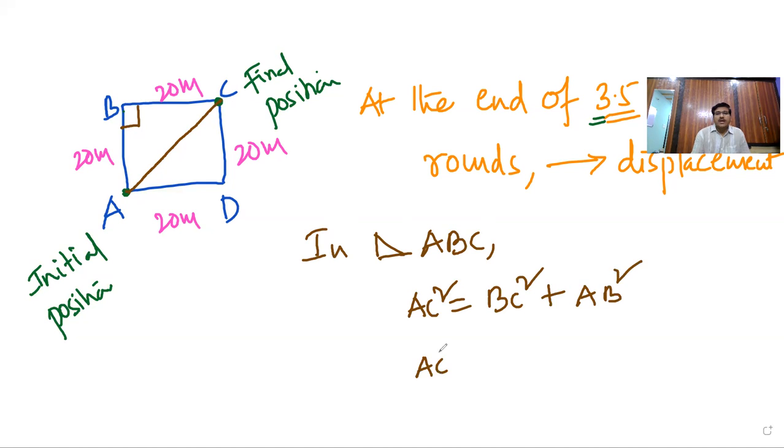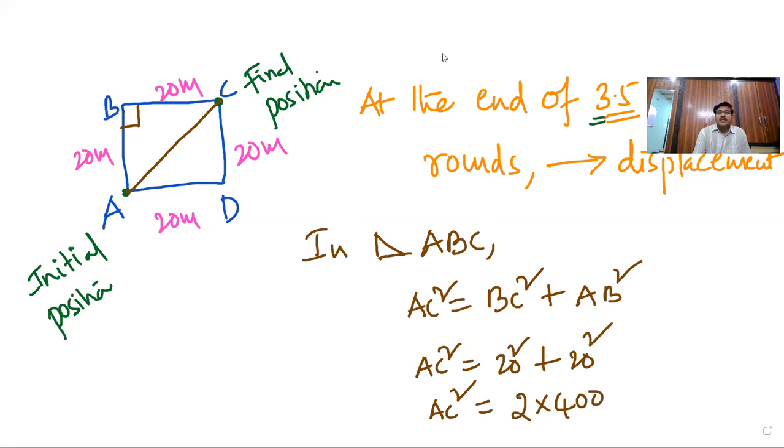So AC square is equal to BC, how much? 20 square plus AB, how much? 20 square. That means 400 plus 400, which is 2 into 400, 800.